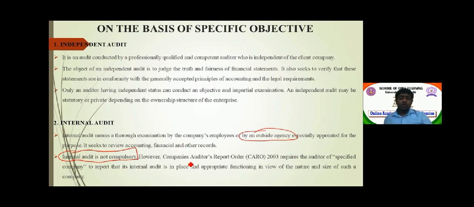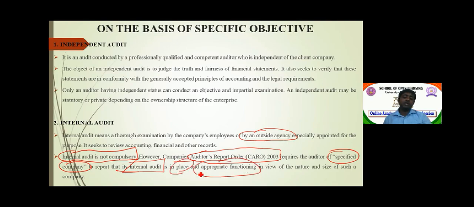All right. So the Companies Auditor's Report Order 2013 although requires the auditor of a specified company to report that its internal audit is in place and functioning appropriately in view of the nature and size of such a company. So this is what we are able to understand from the perspective of the internal audit.